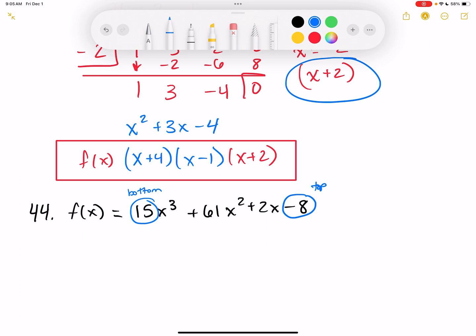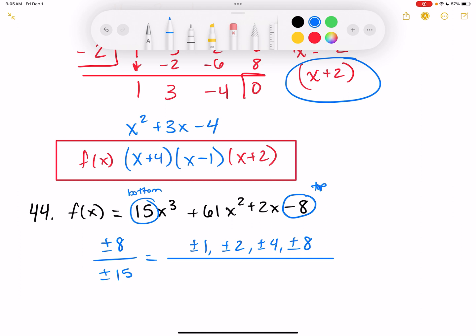So we're going to have plus or minus 8 over plus or minus 15. I'm going to list out all my factors of 8. We already did that one up there. So it's 1, and I'm putting a plus or minus in front of every single one. So 1, 2, 4, and 8.